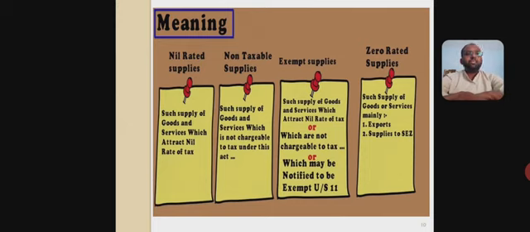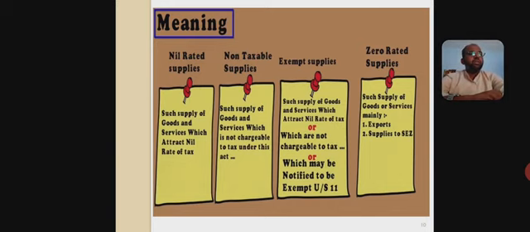Then non-taxable supplies, where no GST is applicable. It is out of scope of supply. Non-taxable supplies or non-GST supplies: such supply of goods and services which is not chargeable to tax under this Act.